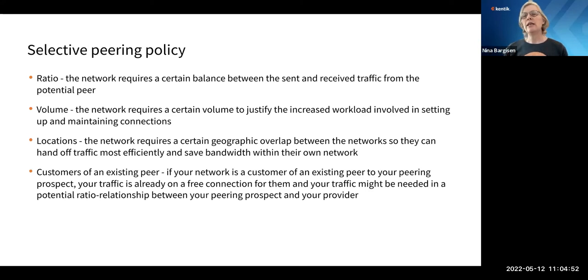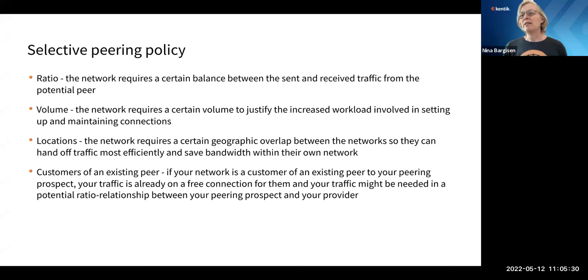If you look into the selective peering policy, the elements that are typical in those are different requirements to traffic and locations. Ratio is a common one that is usually used for people who want to only peer with networks that are like themselves. So the tier ones typically have ratio requirements, but also other carrier networks might feel that they only want to peer with other carrier networks, so they have the same amount of traffic flowing back and forth on the connections.